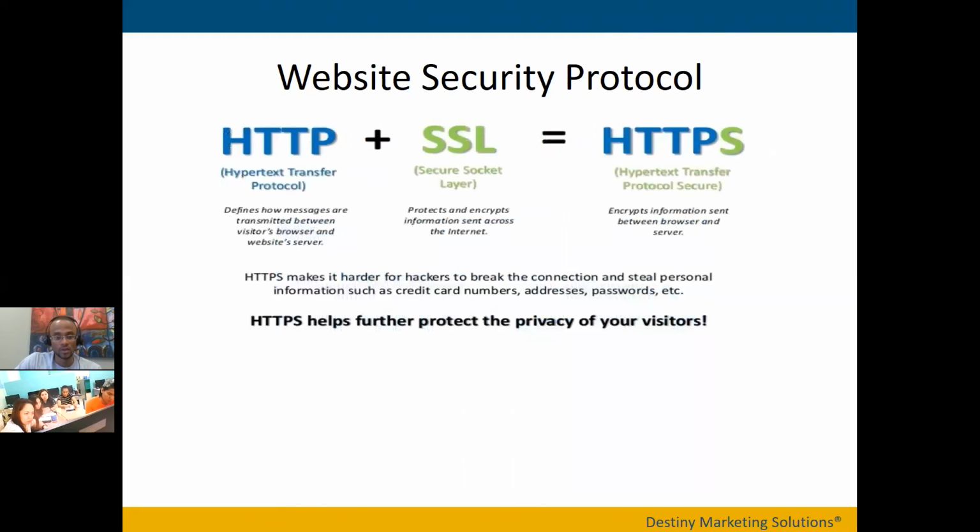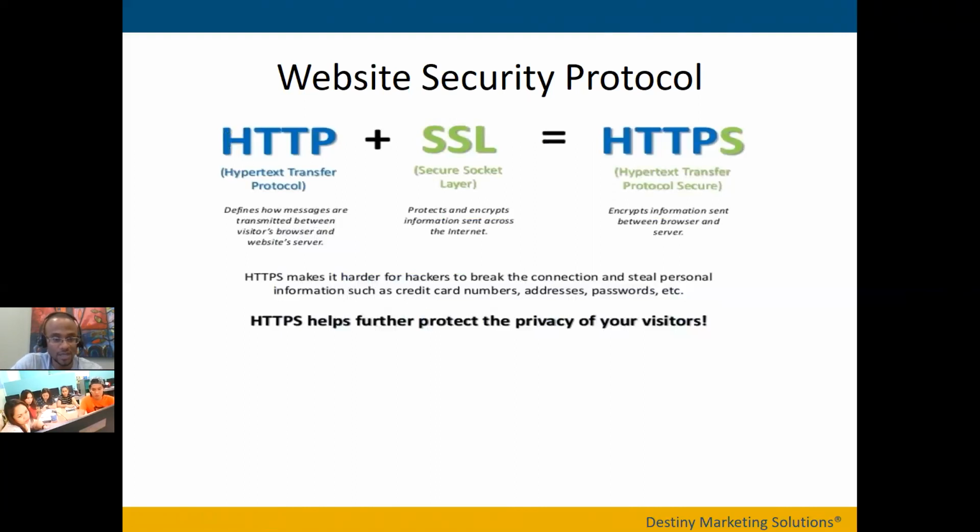Now, what exactly does it mean when a website is secure? You can see here in this graphic, we have HTTP. For the longest time with the internet, this was enough. The HTTP protocol is basically a format for your website and how it relays messages and links back and forth between users.